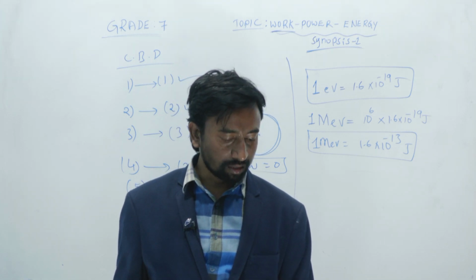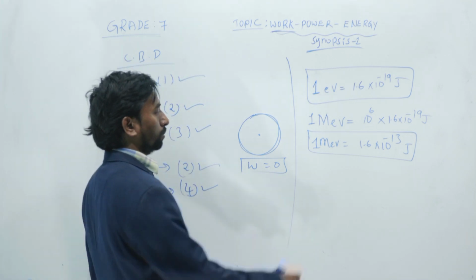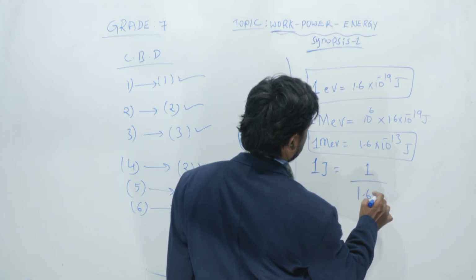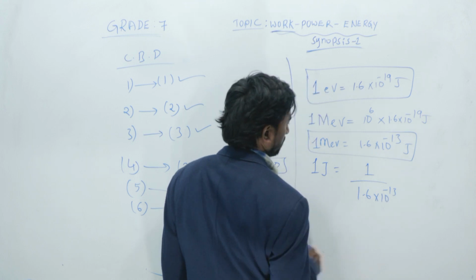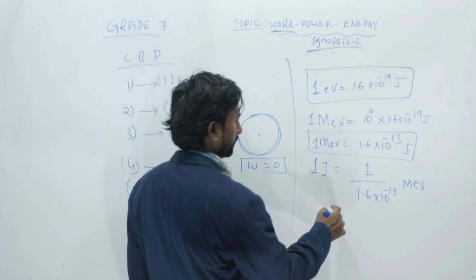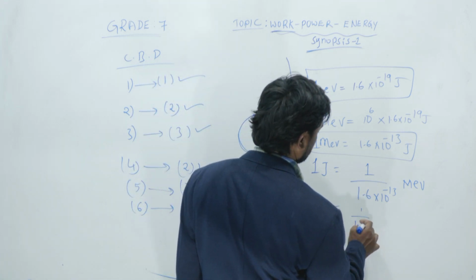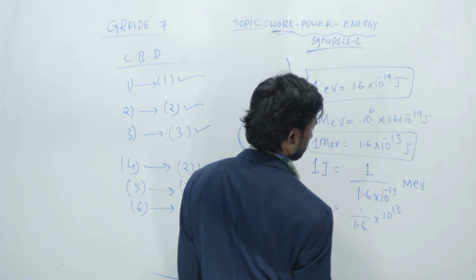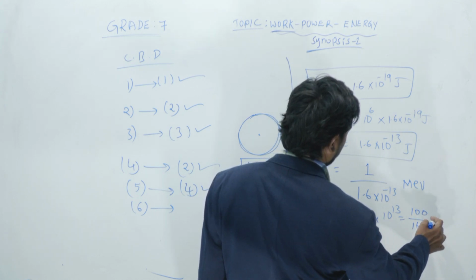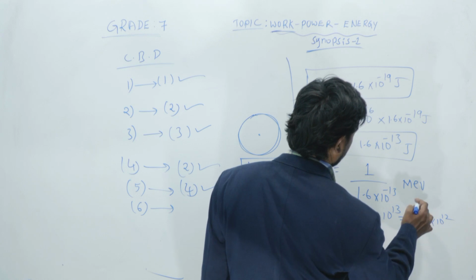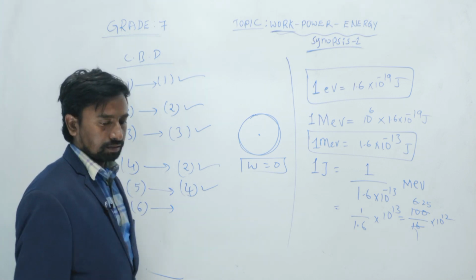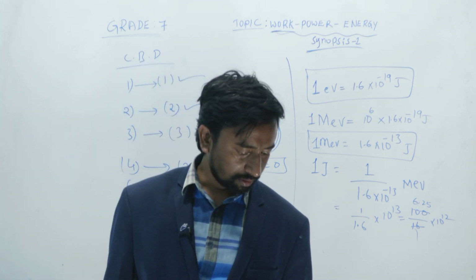They are asking, 1 joule is how many mega electron volts? So 1 joule is equal to 1 by 1.6 into 10 to the power of minus 13 mega electron volts. If we take it up, we get 1 by 1.6 into 10 to the power of 13, which is 10 to the power of 12 times 6.25. So the answer is 6.25 into 10 to the power of 12, option 1.